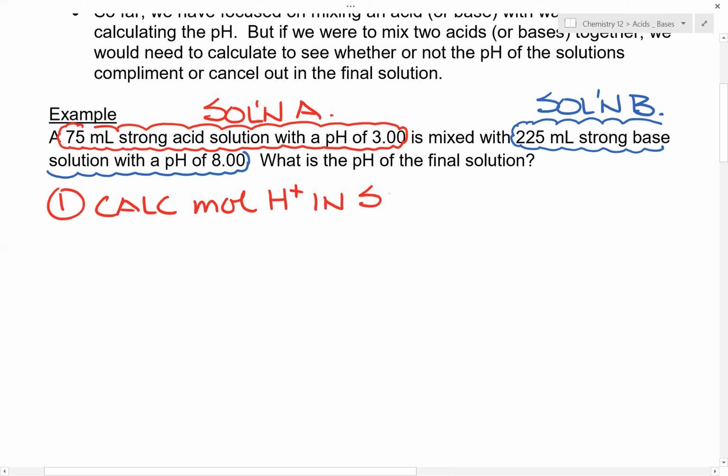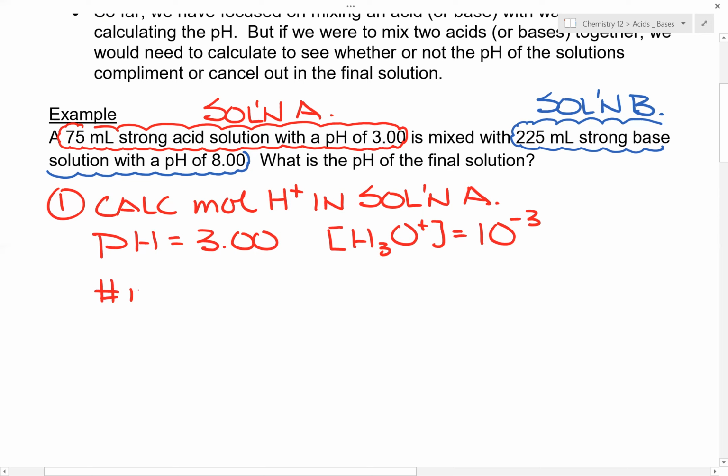And so the number of moles of H+ would be 10 to the negative 3 molarity times 0.075 liters, and that would give you 7.5 times 10 to the negative 5 moles of H+.